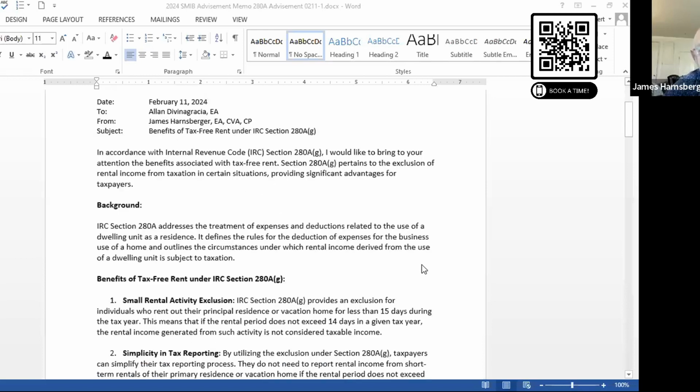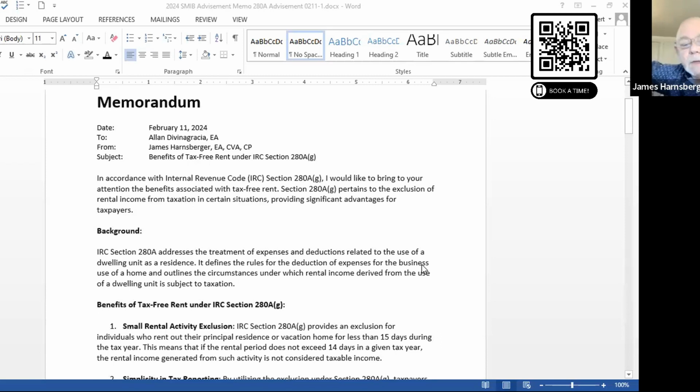And so the tax laws allow you, under section 280A(g), they allow you to be paid an amount 14 days out of the year for renting out your home to your business or to any third party, and whatever you charge for that rent becomes a deduction for the business that paid it, let's say your corporation, and it is not reportable or taxable income to you, the recipient, as long as you don't do it more than 14 days in a calendar year. Then you're going to be good to go.